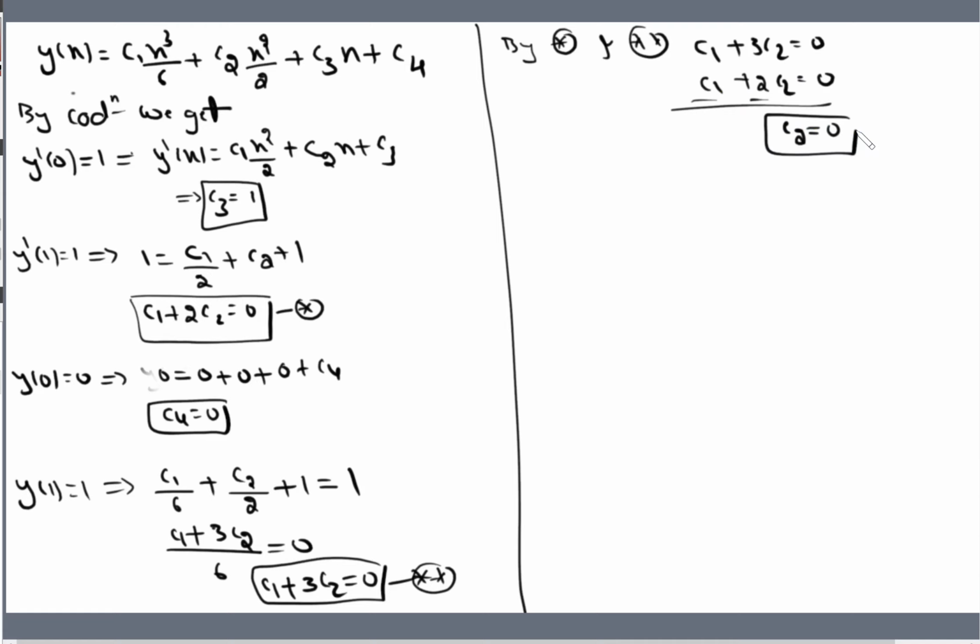After getting c2 equal to 0, c1 is also equal to 0. Put all values in this y of x. c1 is 0, c2 is 0, c4 is 0, but c3 is 1. We get y of x is equal to x. Now look at the options.